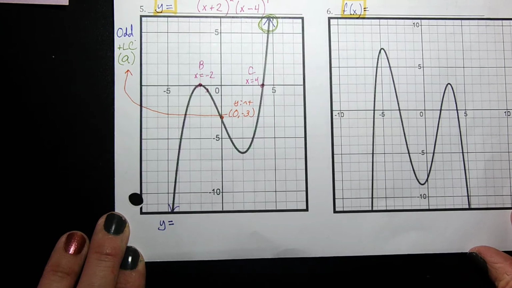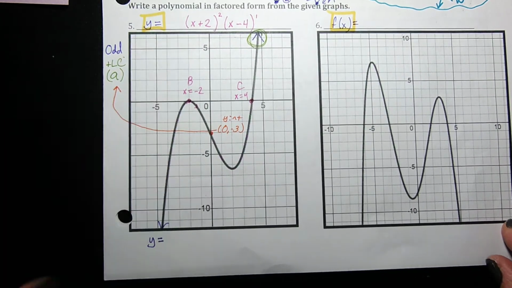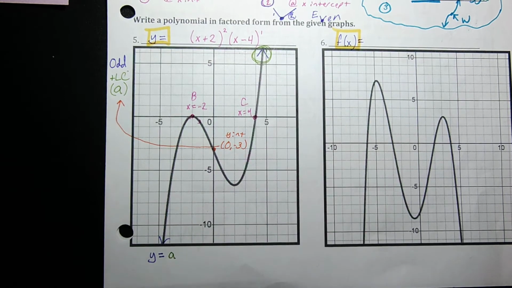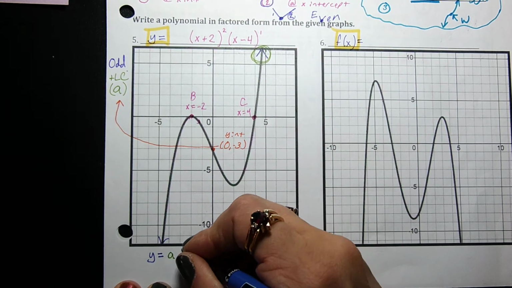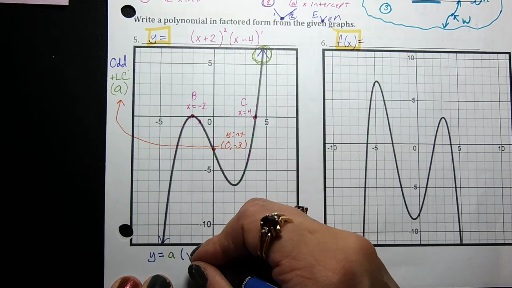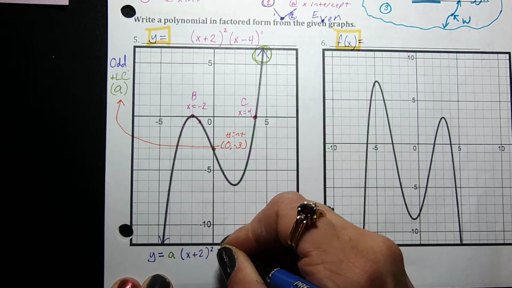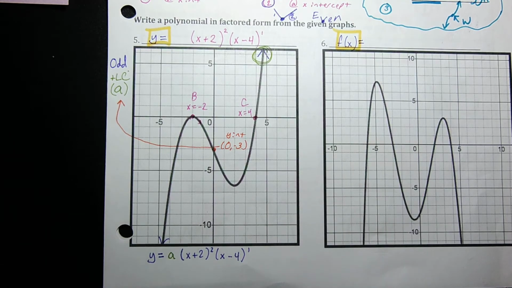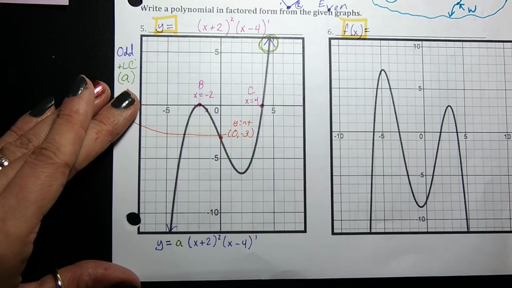So y equals, we're looking for our leading coefficient. We're going to let be a. And then we'll have x plus 2 squared and x minus 4 to the first. And you don't have to put that implied power of 1, but there it is.